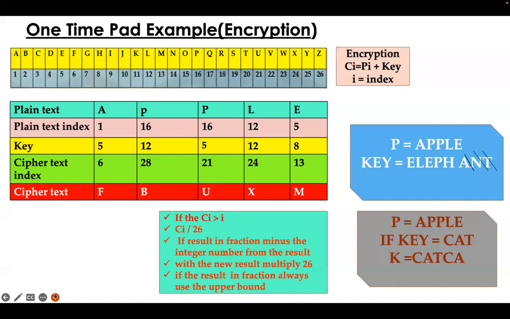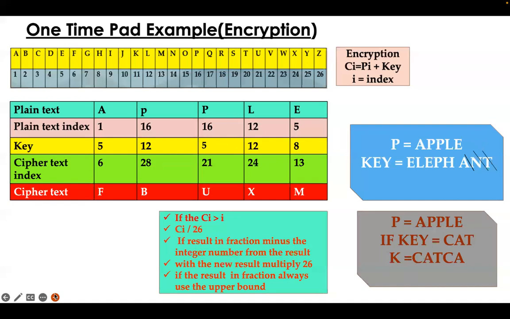So how will we find which key letters we will take for our plaintext? Elephant has 8 letters, but our plaintext has only 5 letters.